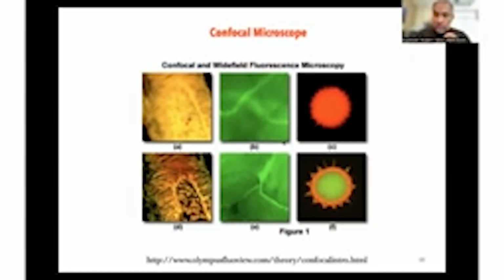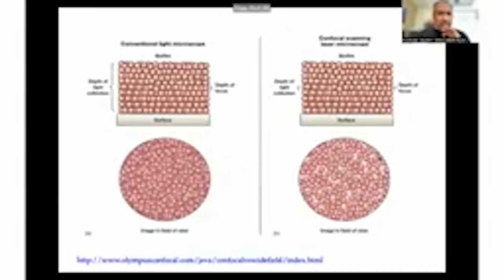Okay, and confocal microscopy is conceptually, I wanted you to quickly understand what confocal microscopy does that is different, right? And what it does different is very beautifully illustrated here. Now, if you have an object and it has many different layers in it, because it's a three-dimensional object. Even if it's a cell, even if it is very small, it has a certain depth to it, right?